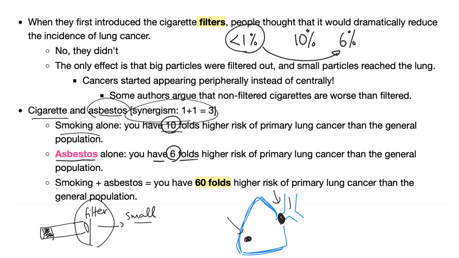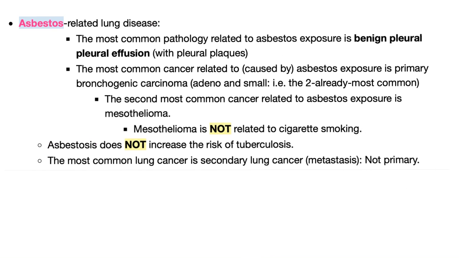But if a patient is smoking and was exposed to lots of asbestos, he will have a 60-fold increase in lung cancer risk. So now he has a 60% chance of getting primary lung cancer. This combination is called synergism. 1 + 1 = 3, which is a mathematical insanity but a pathological reality.